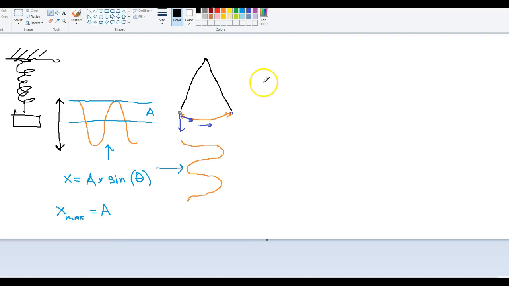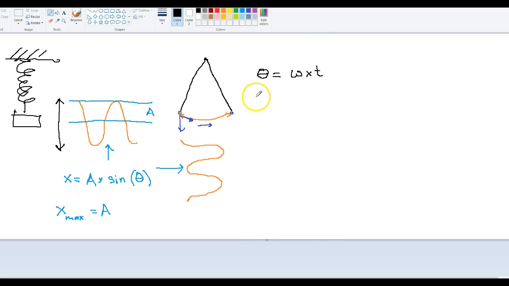Now the next part of looking at this is looking at the angle theta for a moment. Theta is actually a function of time, depending on the angular velocity omega multiplied by the time.